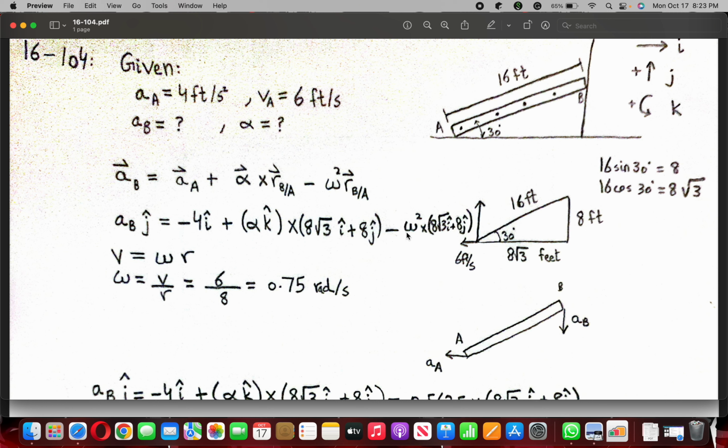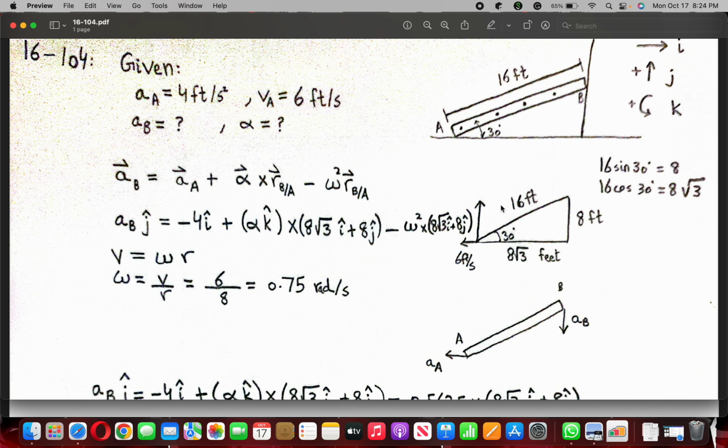For omega we know the formula, which is velocity equals omega times R. We know the velocity at A, which is 6, and we also know that the vertical distance is 8. So we divide 6 by 8 and get 0.75.